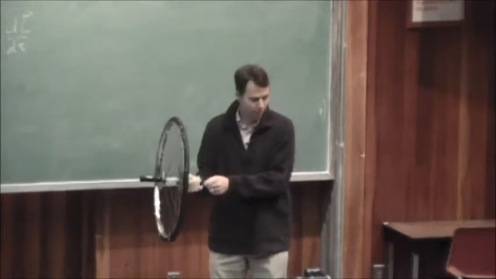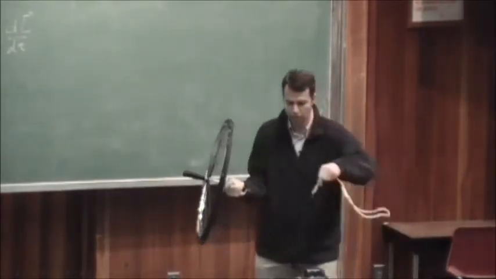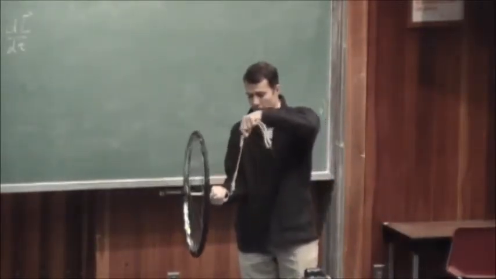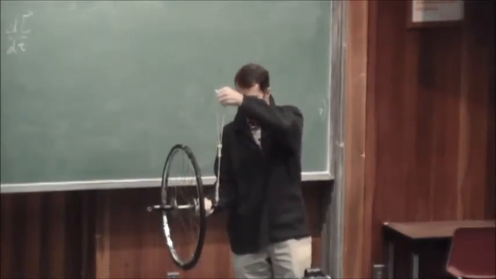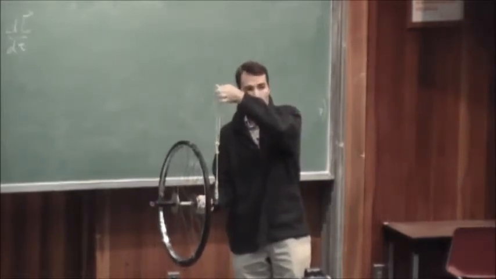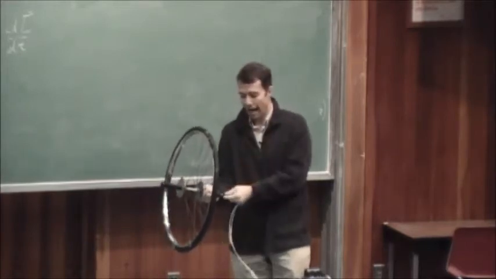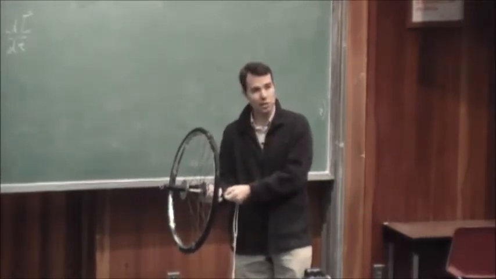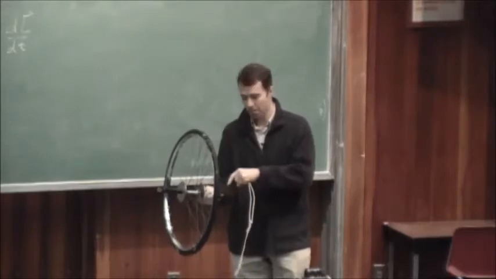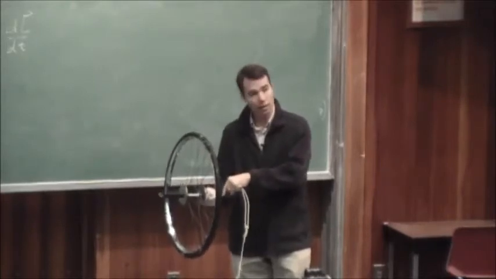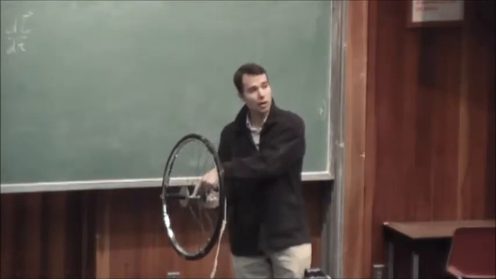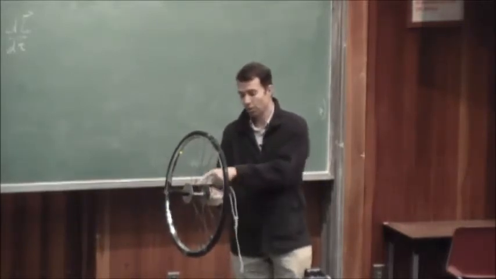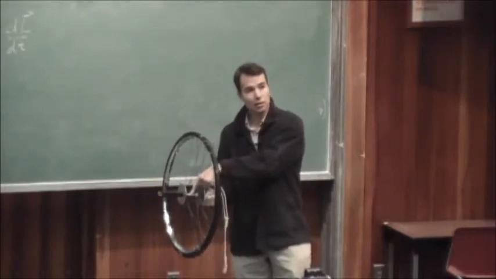If this is being held right here, this is the axis, it's going to rotate about this axis. My lever arm is going from here, about the axis of rotation, to the center of the mass of this bicycle wheel. Okay, so that's going to be my radius.